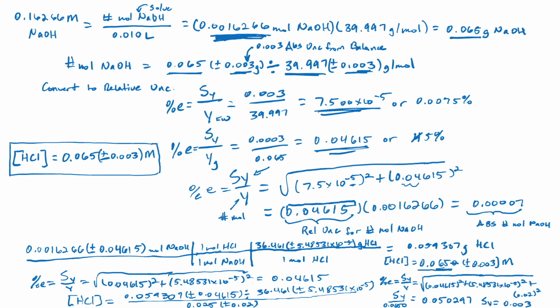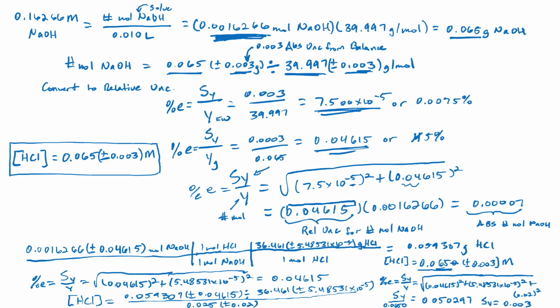So this is what I expect you to do on the lab report for all the trials that you did in your titration lab, and then make sure you know how to do this, right? Because your exam is coming up on Monday, and it's going to be one question. It could be any kind of thing like this where I ask you to figure out the concentration of something plus its uncertainty, and it could be from a titration, or from just straight up weighing something and dissolving it in something.